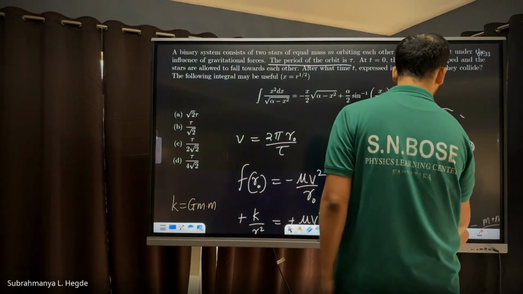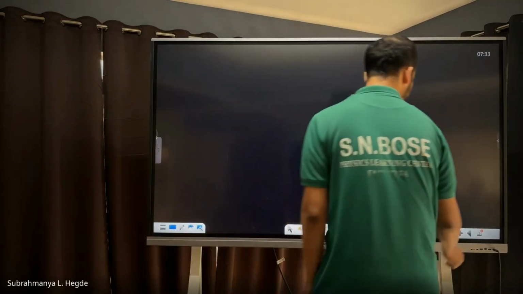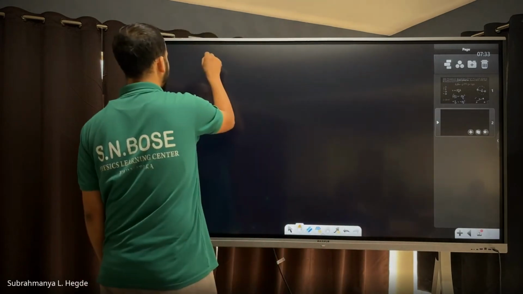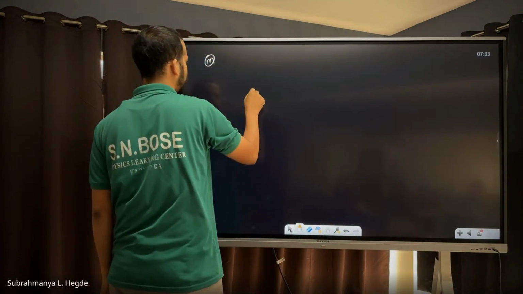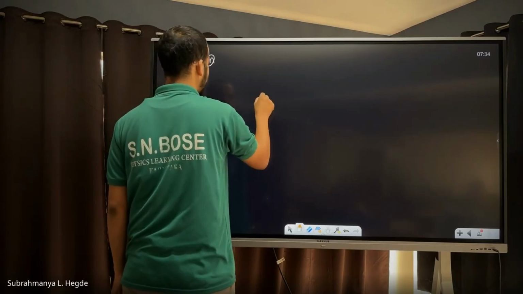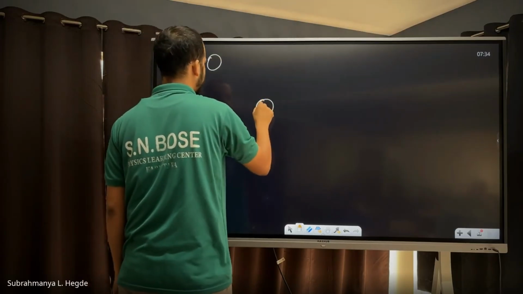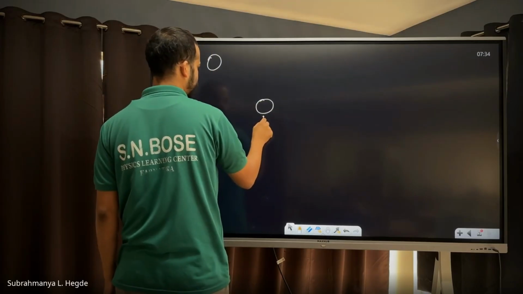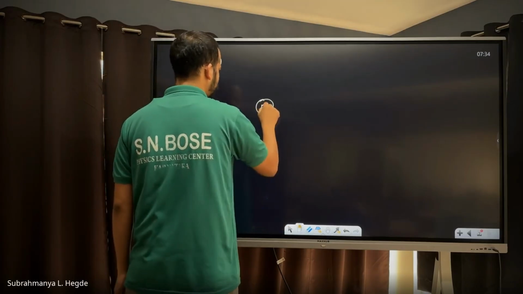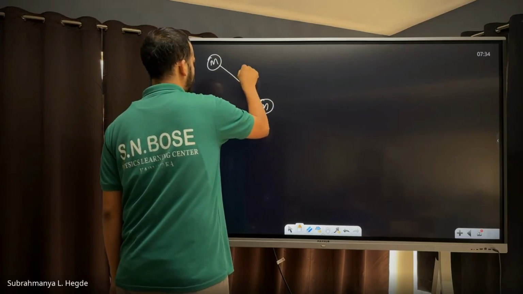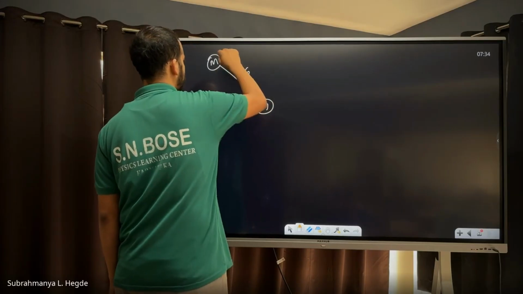Now they are going to stop. If they stop, actually you have m here, m here. So two equal masses at r naught, and this is, suppose, the center of mass.